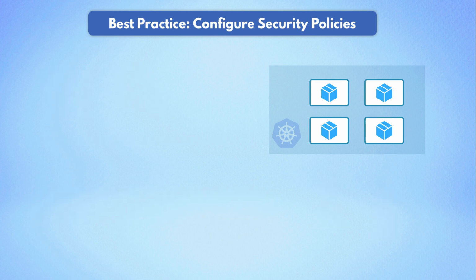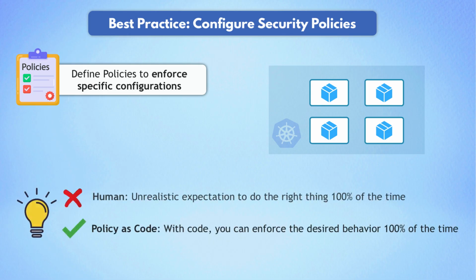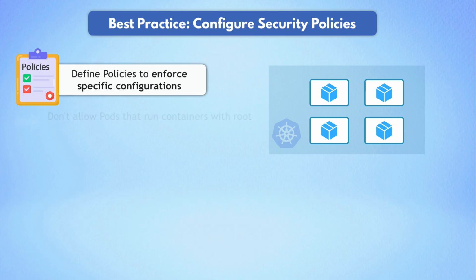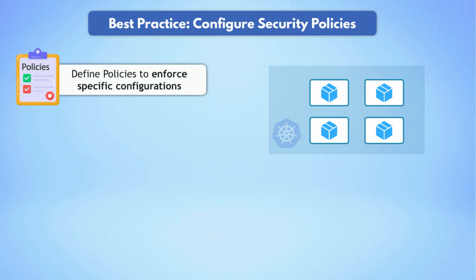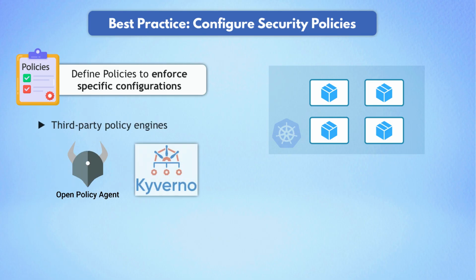Well, for that, there are what's called security policies in Kubernetes. With security policies, you can define some rules, such as pods that run privileged containers or containers with root user cannot be deployed, or that a network policy needs to be defined for every pod, and so on. Security policy resources in Kubernetes are implemented by third-party tools, like Open Policy Agent or Kyverno.